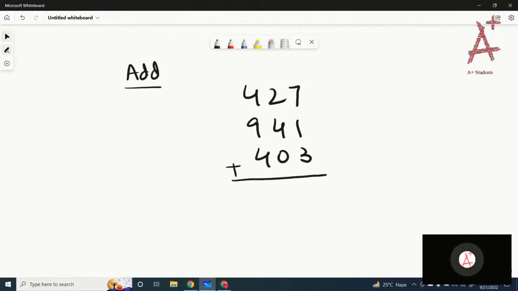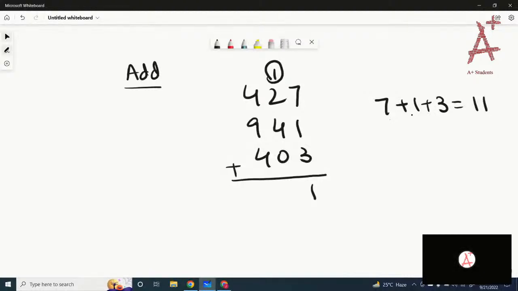We can start by adding the ones digit. The ones digits are 7, 1 and 3. 7 and 1 makes 8, and 8 plus 3 makes 11. So we write the ones digit over here, and we carry the tens digit. Got it?